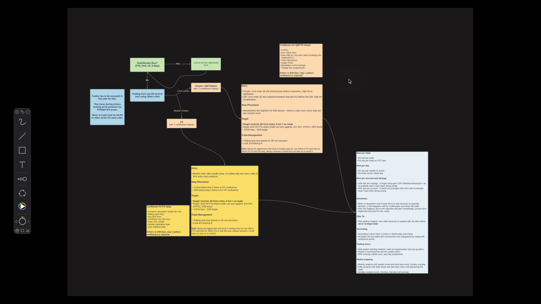Sometimes it's just good to stand up and leave and do anything else than watching the market, because then you might risk more, you will obviously try to revenge trade it a little bit and you will lose even more money. So 3 trades a day, I'm done, I'm walking away, I'm going to do something else.